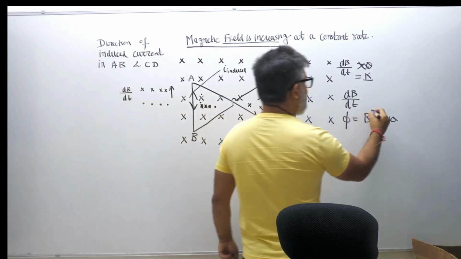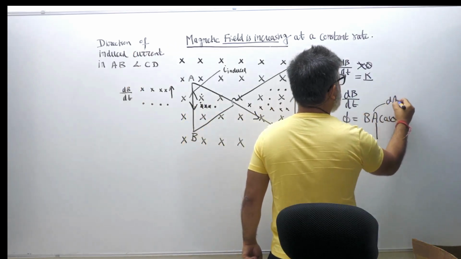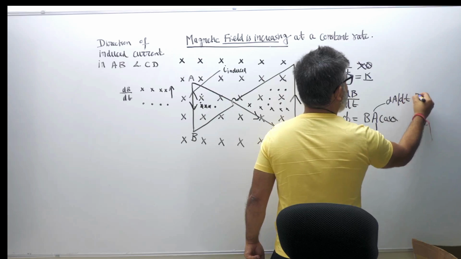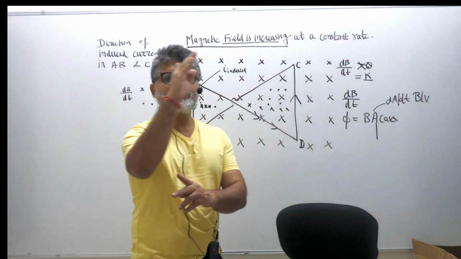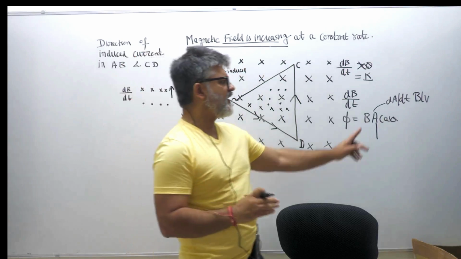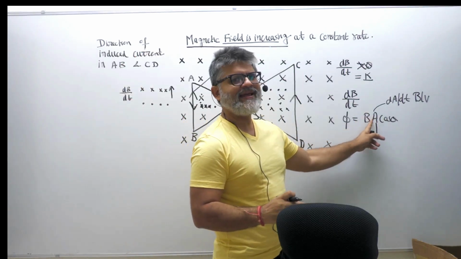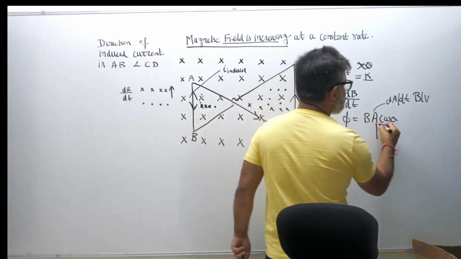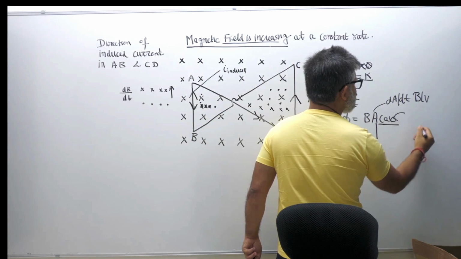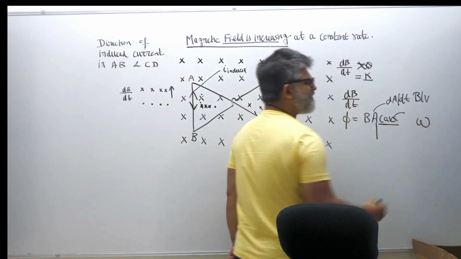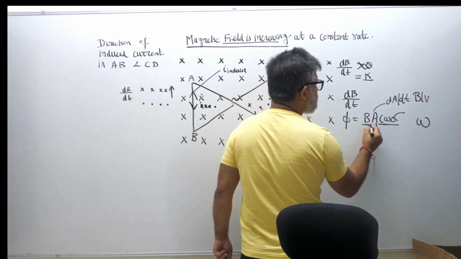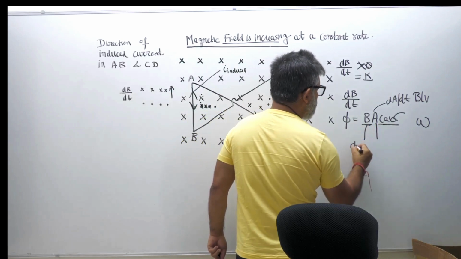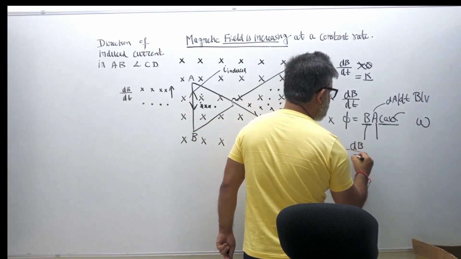So here it becomes the case of dA by dt. And if you remember motional EMF BLV, the rod which is moving at a constant velocity is driven by area change. Then you can have rotation, where the theta changes and omega comes into the picture because of the angular rotation. And then this is also a very important situation where the magnetic field is changing.